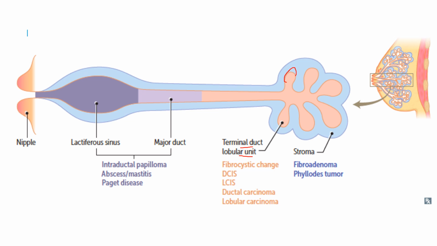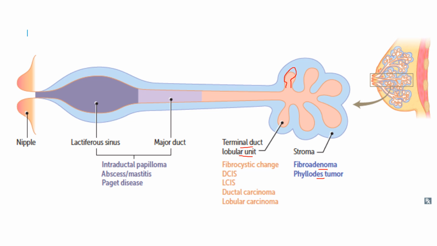Around it is the stroma, the connective tissue. They all come together to form a major duct, and then there is a lactiferous sinus which opens into the nipple. So the fibroadenoma, phyllodes tumor and others are seen in the stroma. Fibroadenoma is benign, and phyllodes is again a benign condition.